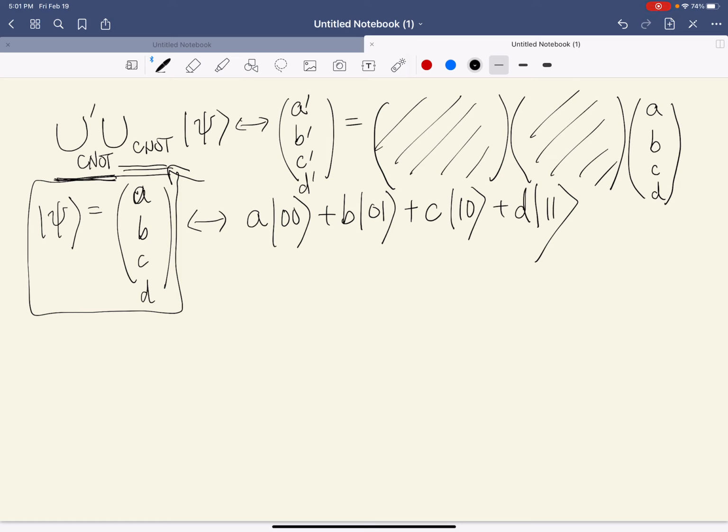So doing a unitary operation in succession is the same as doing a matrix multiplication in succession.